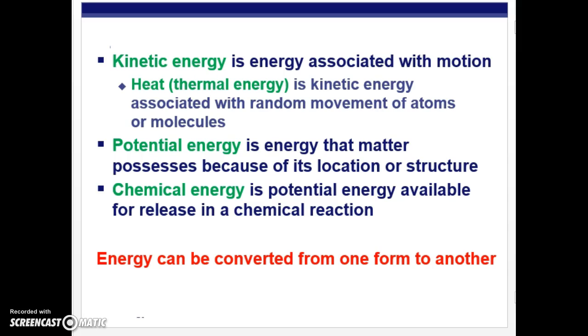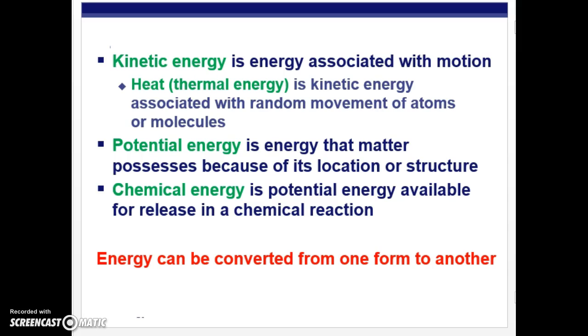We have kinetic energy, which is what we associate with motion, and heat or thermal energy is a type of kinetic energy that is involved with the random movement of atoms and molecules. So thermal energy is the kinetic energy that is involved with that random movement. And then heat is the transfer of thermal energy from one body of matter to another.